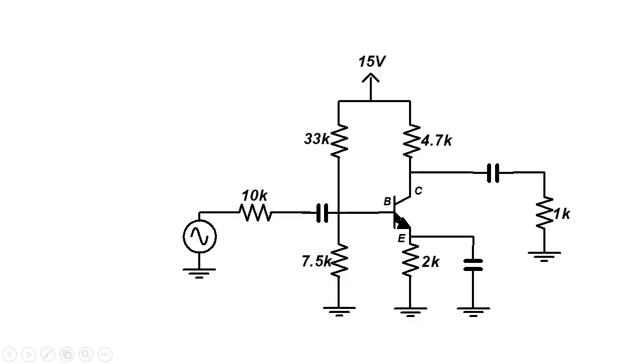From there, we will find what is IBQ, the current here in DC. With IBQ, we compute the equivalent base emitter resistance in small signal, RBE, which is VT over IBQ. And then we can draw that circuit in AC, like this.